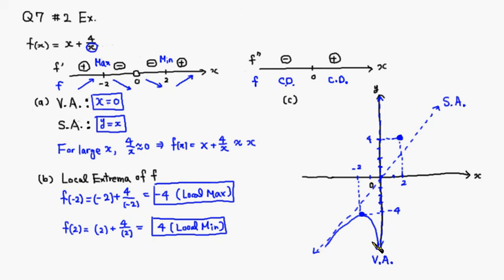Then the function increases, turns into decreasing, and you have a concave down shape. So it looks kind of like that. Then up here, it's decreasing turning into increasing, and concave upward here. So you have a graph which looks like this, going down, concave upward, so that's the local min, and then you have a slant asymptote there. So that's the graph of y equals x plus 4 over x.